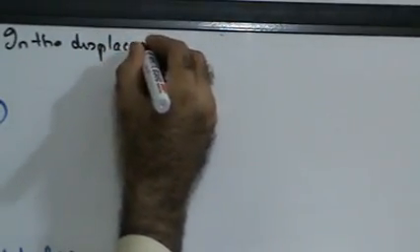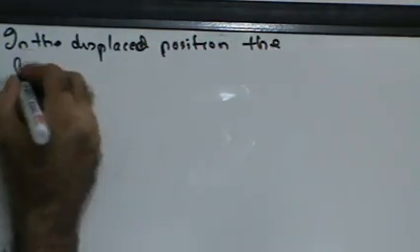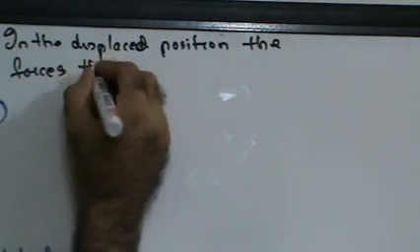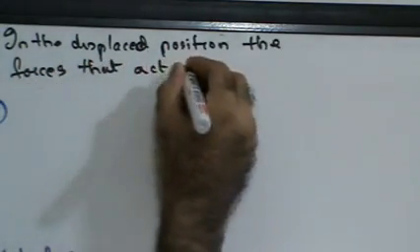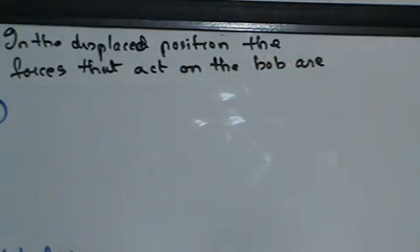Right? In which case I can say that in the displaced position, the forces that act on the bob are, right, let's see all the forces that are going to be acting on the bob. 1.